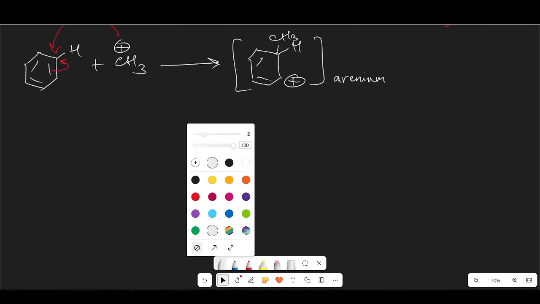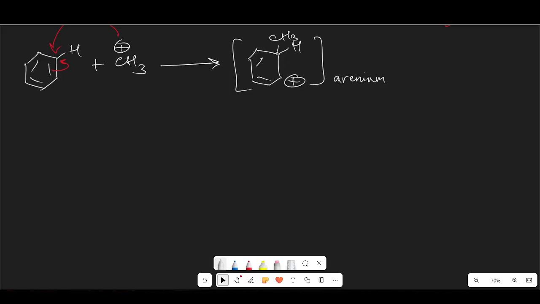What happens next is this arenium ion rearranges itself. The hydrogen leaves.